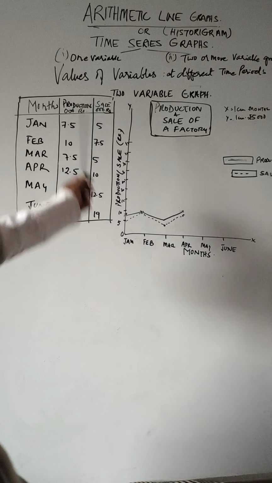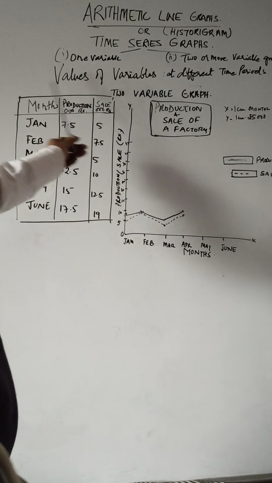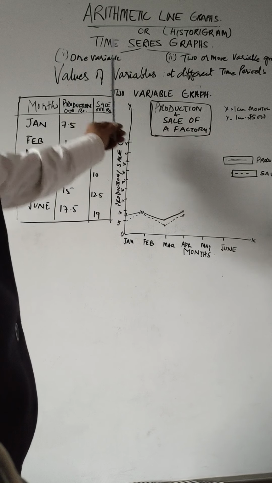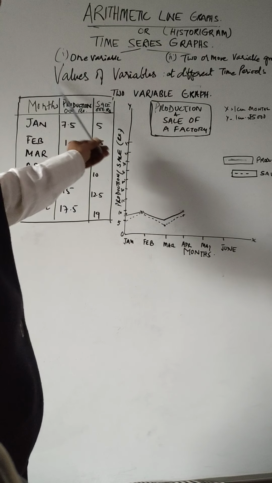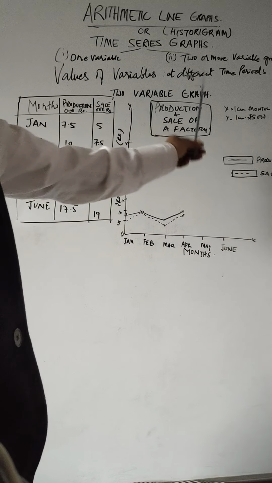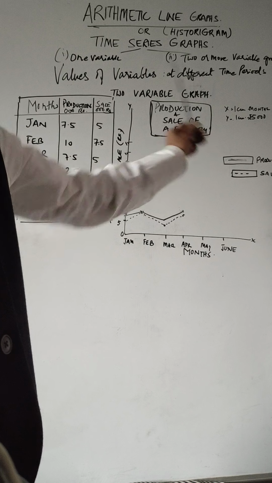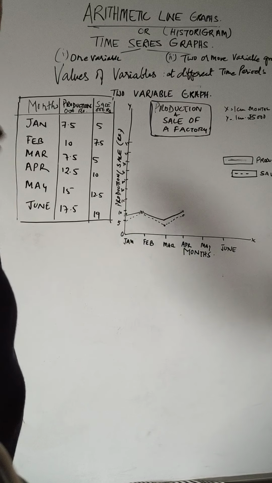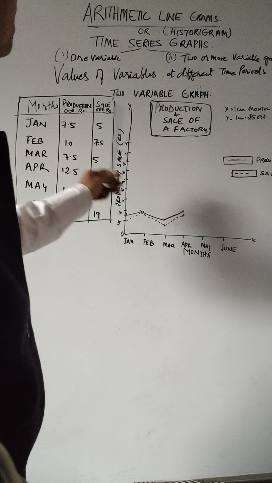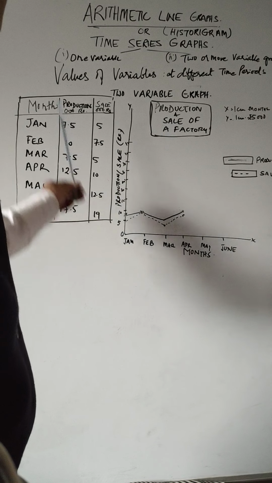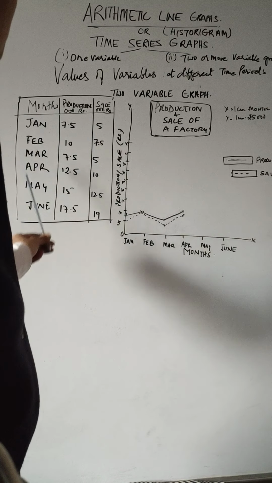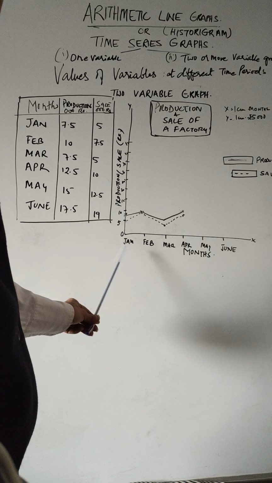Time series graphs show the values of variables at different time periods. With this we can know what the production and sale have been at different time periods.